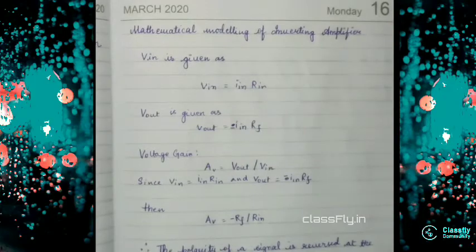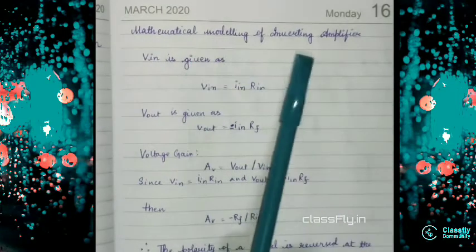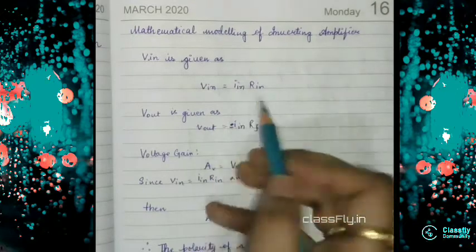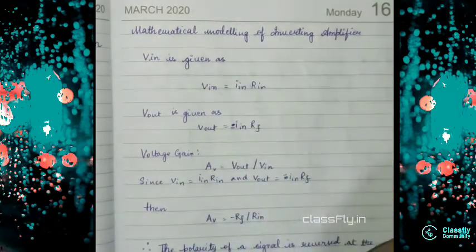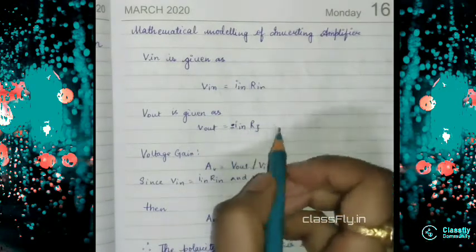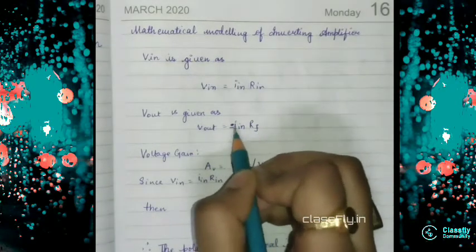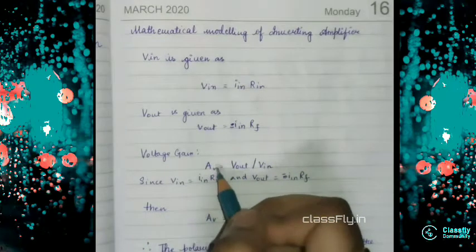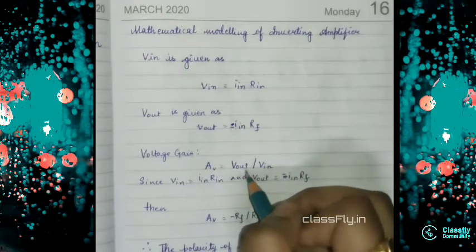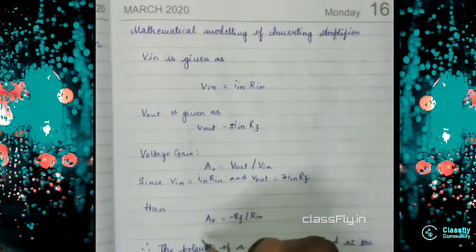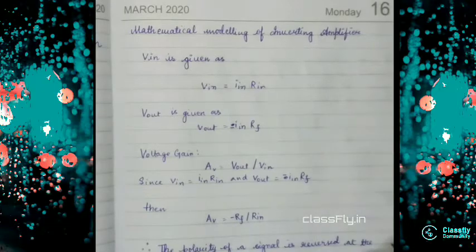See, this is the mathematical model of the inverting amplifier. We know V can be given as IR, because voltage is equal to current into resistance, and V out is equal to the same current into resistance, but here we will have to put a minus. Our voltage gain is V out by V in. So when we put in the equation, we get our voltage gain as minus Rf by Rin.